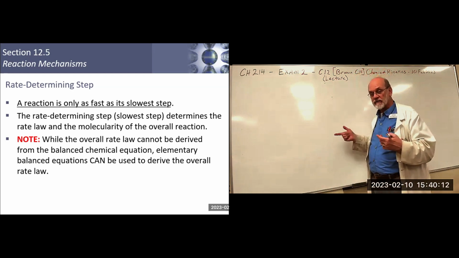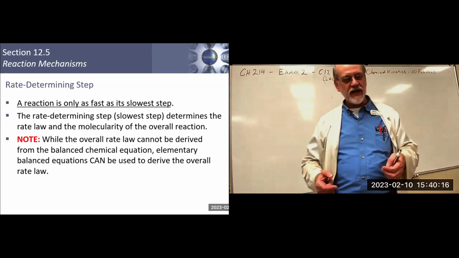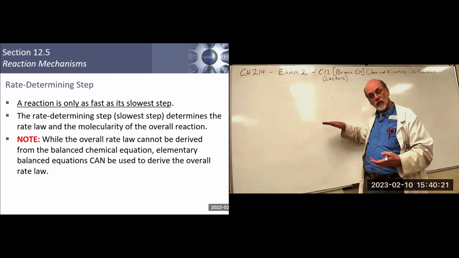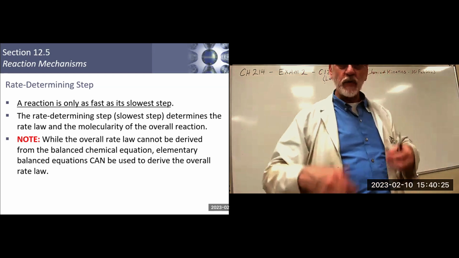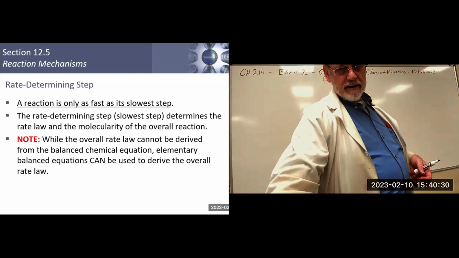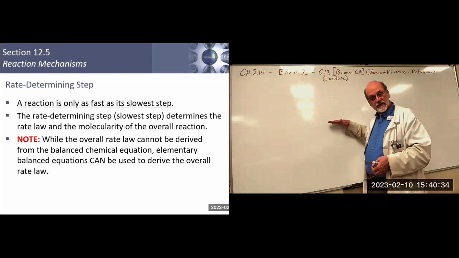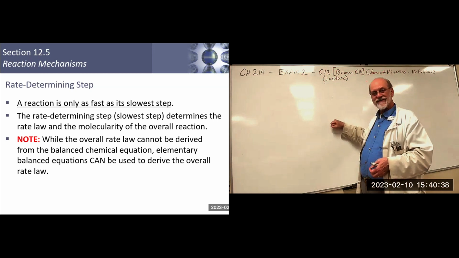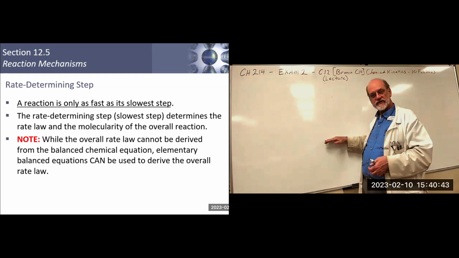But there's always one of them that's the slowpoke, and that's the rate determining step. So the overall rate of the reaction is determined by that one step. It's the weak link, so to speak. And if we know what that slow rate is, that's our starting point for deriving the rate law for the overall equation from the elementary steps.